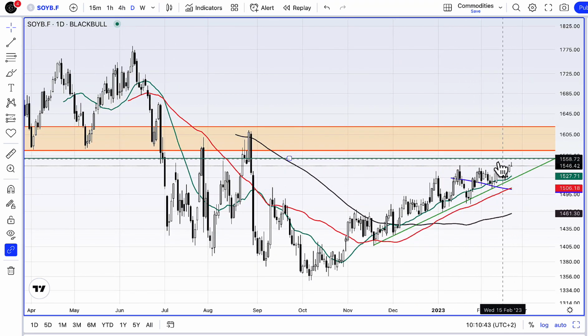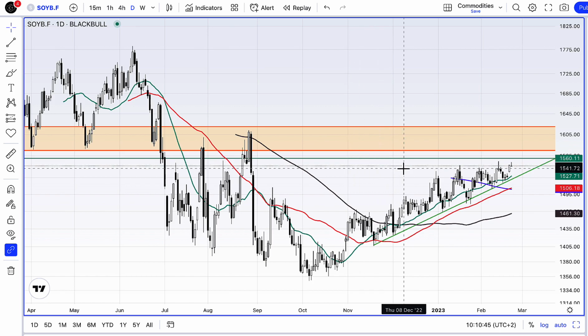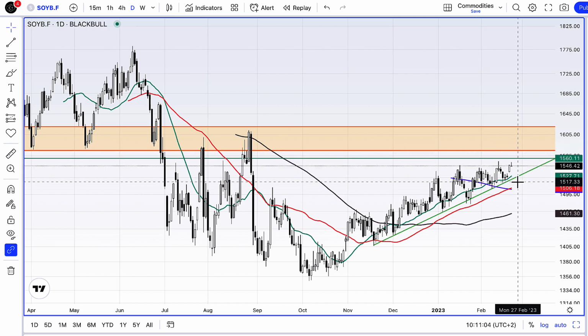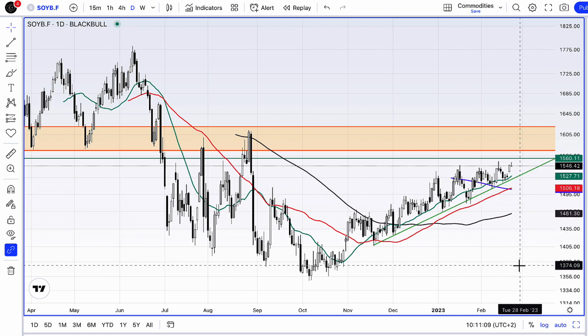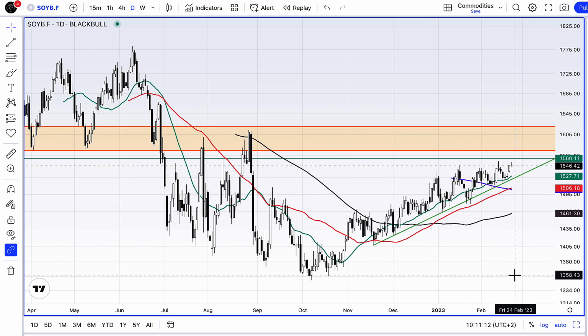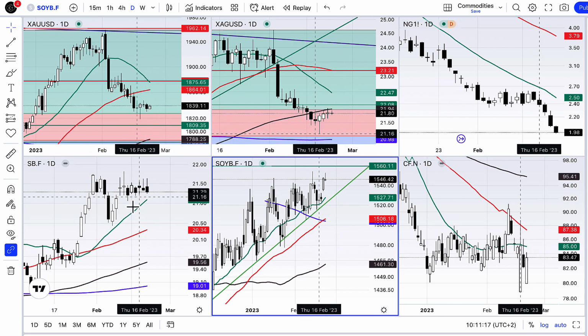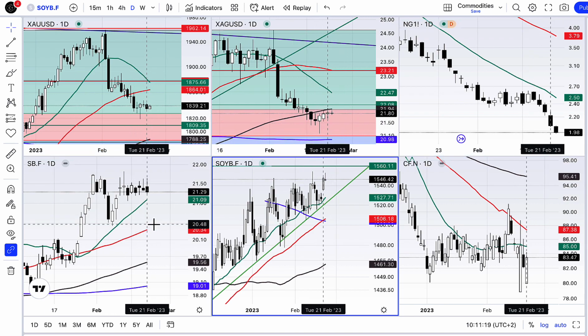But we might not get up there, and we've got a resistance level at this green line at 1560, and the positions on the COT report are already switching to short on soya, so we might not get the opportunity to sell higher up at around 1,600. But if you don't, there are potential opportunities to sell this on a break and a close and a retest of this rising trend line for a move down, and the first target would be around about here at about 1350. So that's soya.